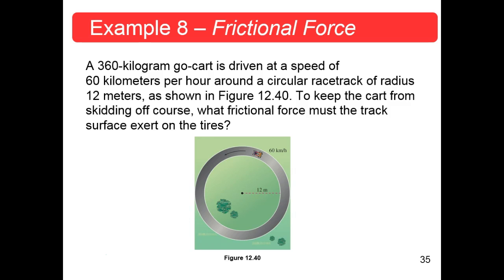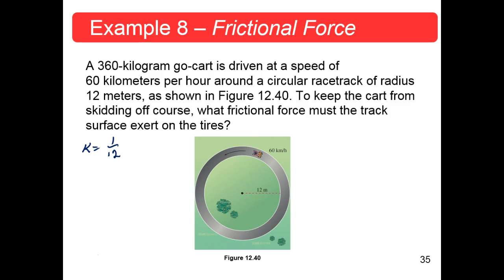And it's going to be related to that acceleration. Now, radius of 12 meters, what that tells you, your K is going to be 1/12. Your curvature is 1/r, because it's a circular track.